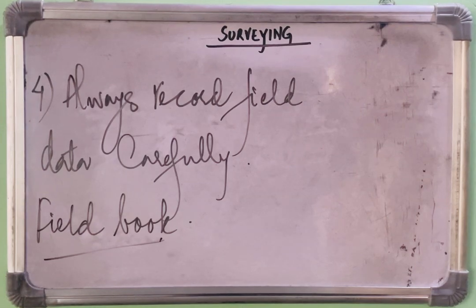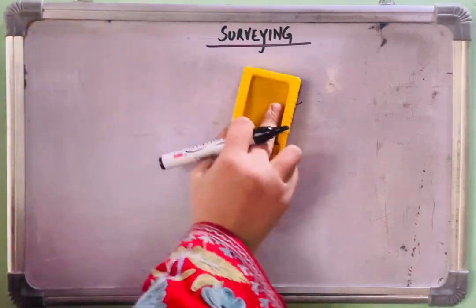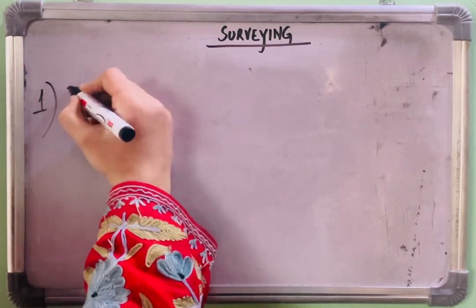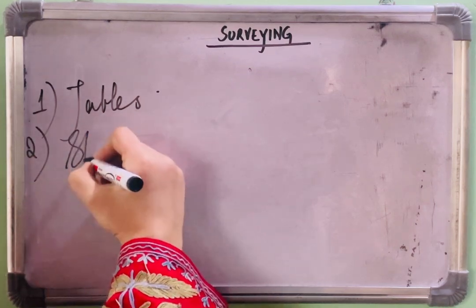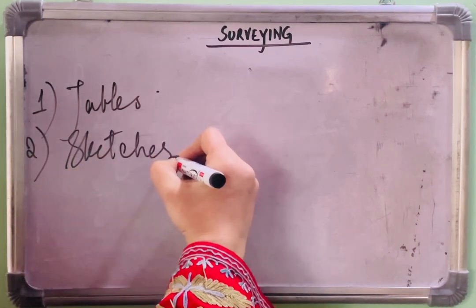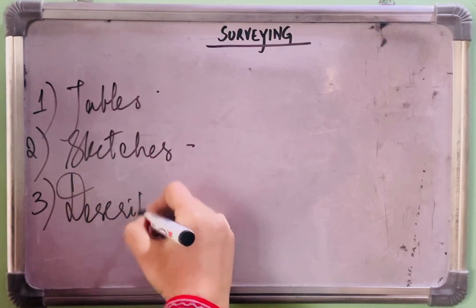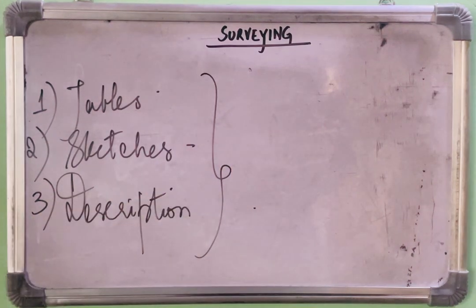And the record must be in a standard form, and this must be clearly written. And this record may be in the form of tables, it can be in the form of sketches or description or all of the above, right?